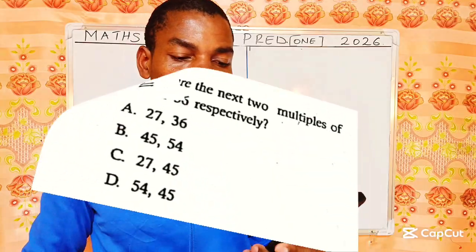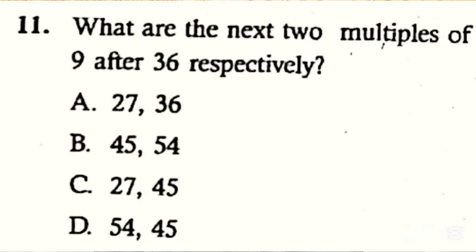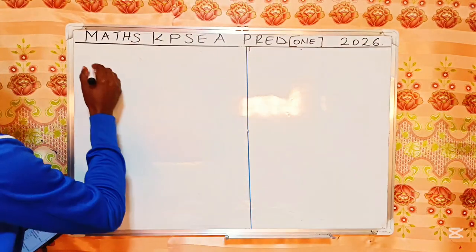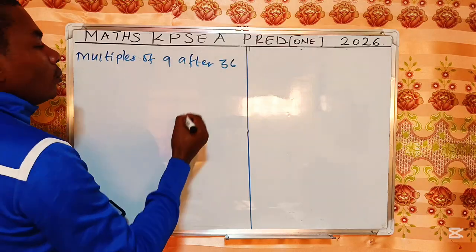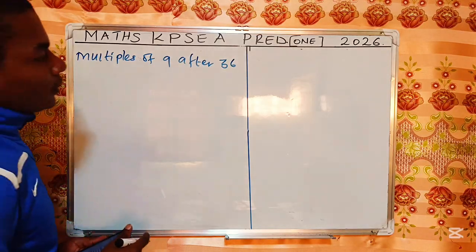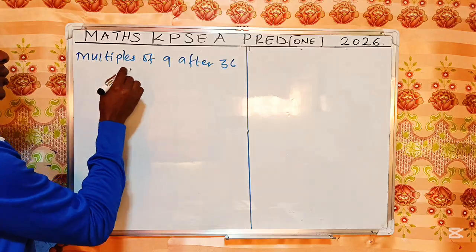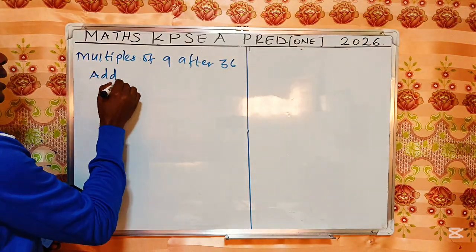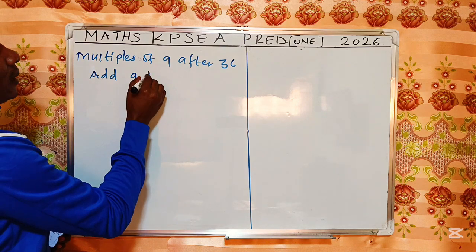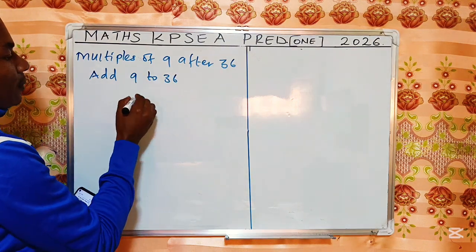What are the next two multiples of 9 after 36? So, what you are supposed to do is to add 9 to 36.